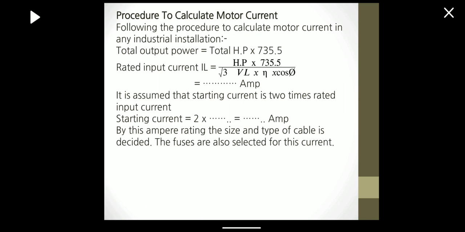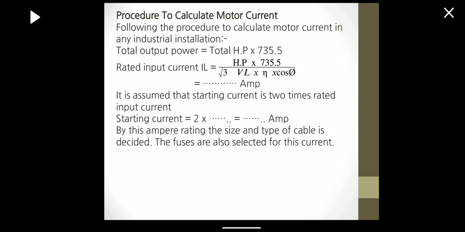Then how to calculate the motor current. Following is the procedure to calculate the current in any industrial installation. First calculate the total current. That means when the total power is given, for example a 1 HP or 2 HP motor, convert it into watts and then calculate the current.